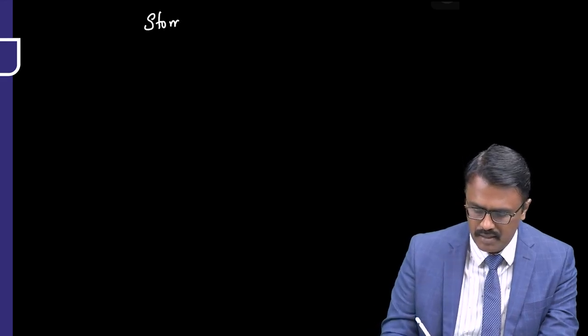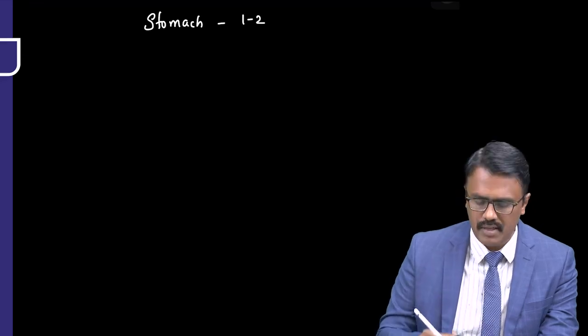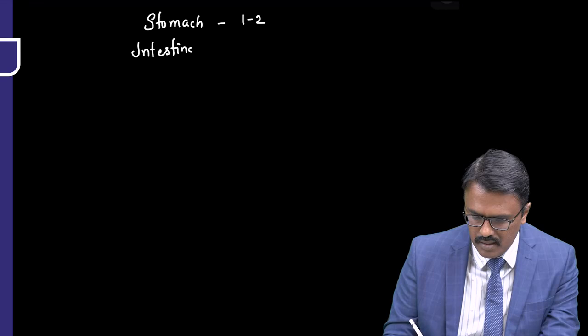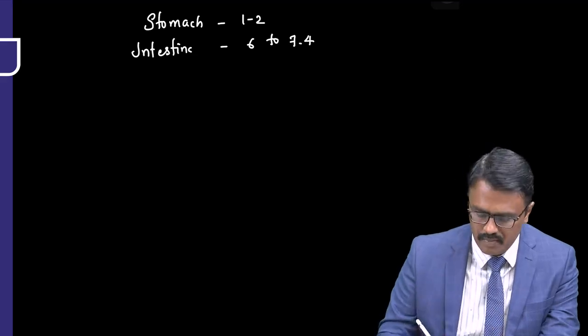With that basic understanding, I want to go further. What do we need to understand here? Everywhere we cannot say the pH is acidic or basic, because in our body the pH is different at various places. Let me give an example. In the stomach, the pH is between 1 to 2. In the intestine, it is around 6 to 7.4.